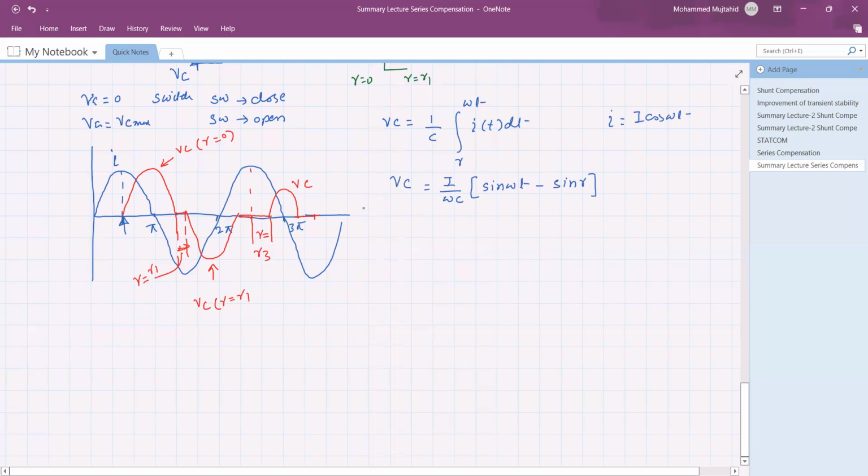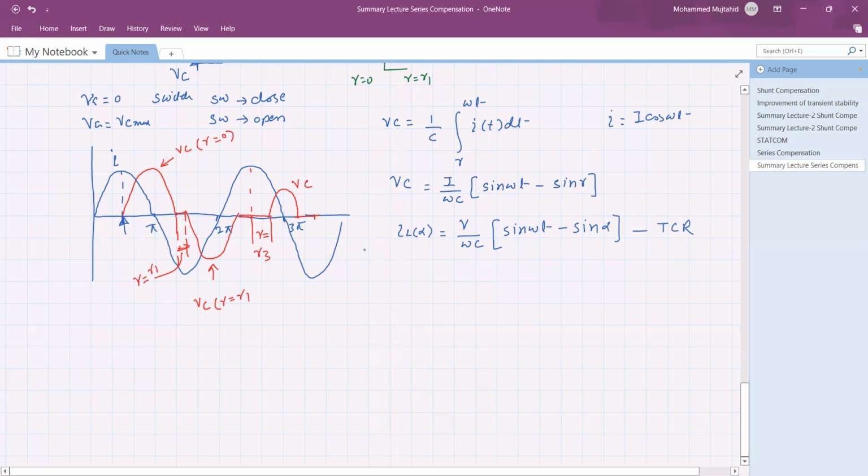It is just similar to the thyristor controlled reactor, where we have seen IL as a function of turn-on delay angle, which is equal to V upon omega L into bracket sine omega t minus sine of alpha. This is for the TCR, thyristor controlled reactor, just for understanding purposes.